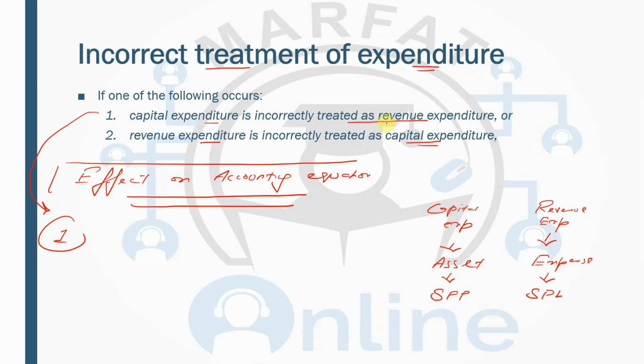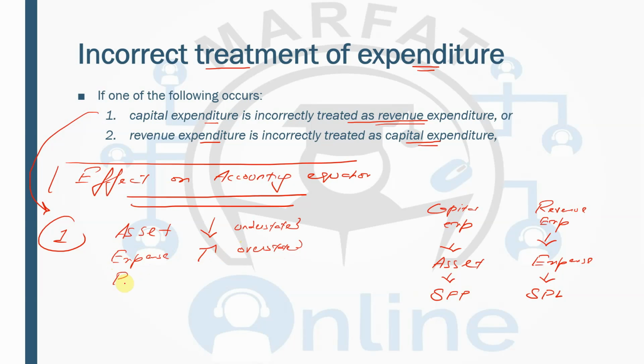Capital expenditure is incorrectly treated as revenue expenditure. So when you have treated capital expenditure as a revenue expenditure, you have understated your assets because you have recorded that thing as an expense rather than an asset. And similarly, you have overstated your expenses.